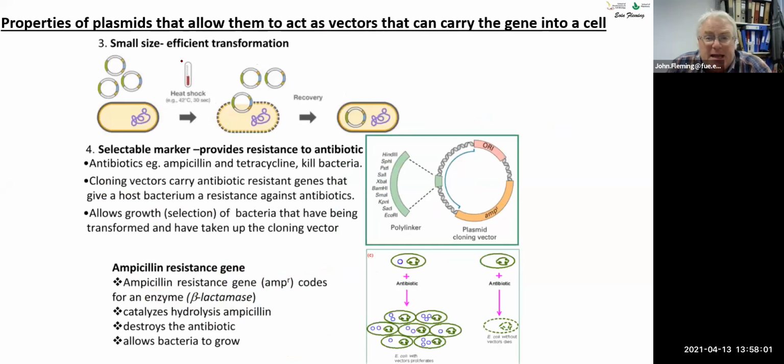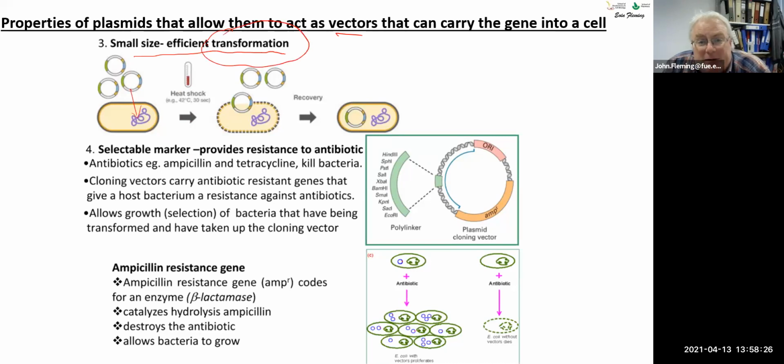The next feature of plasmids that makes them really good as vectors to carry genes into cells is that they're a relatively small size, which means it's comparatively straightforward to get the plasmid into cells. This is shown here in the context of the plasmid going into bacterial cells through a process called transformation.